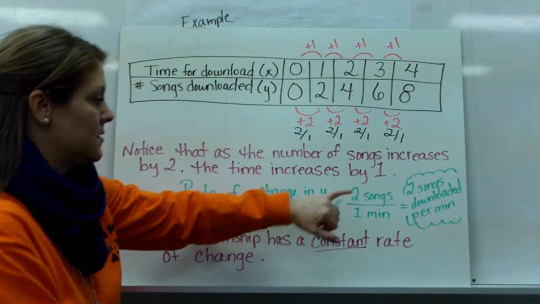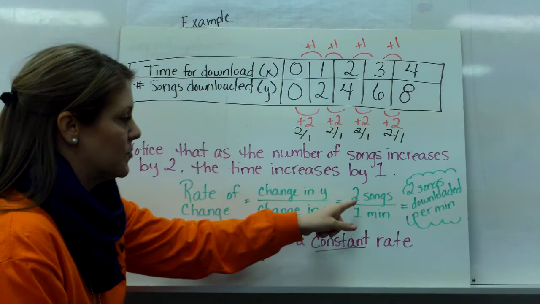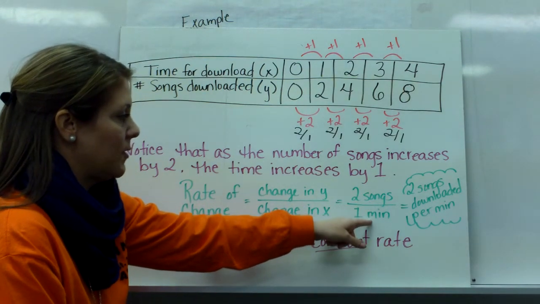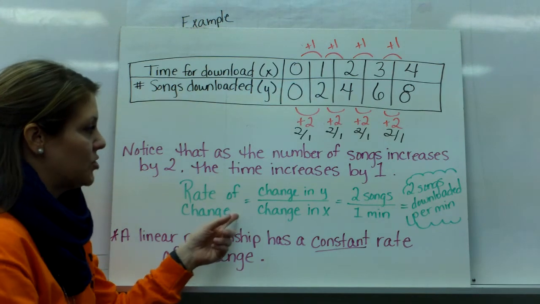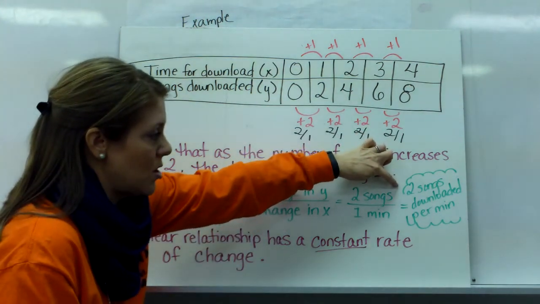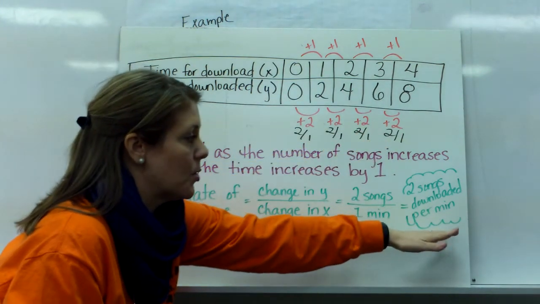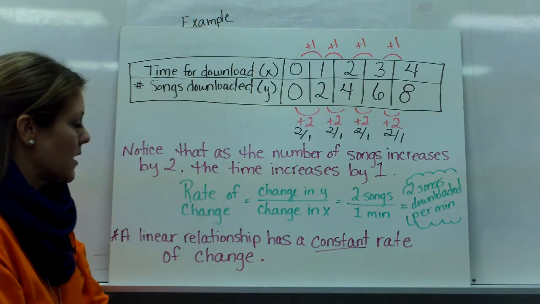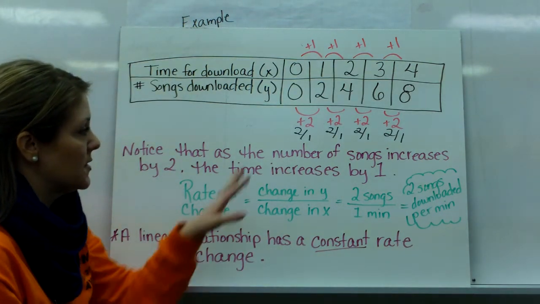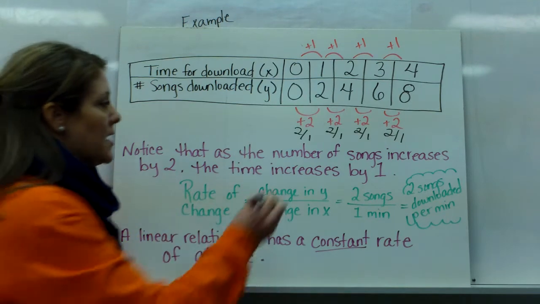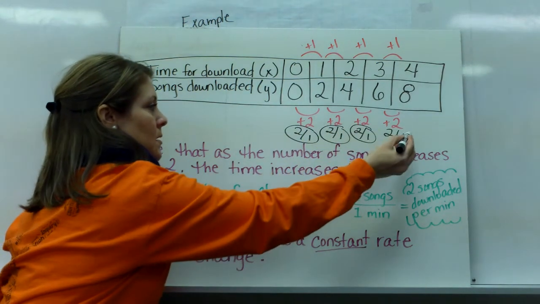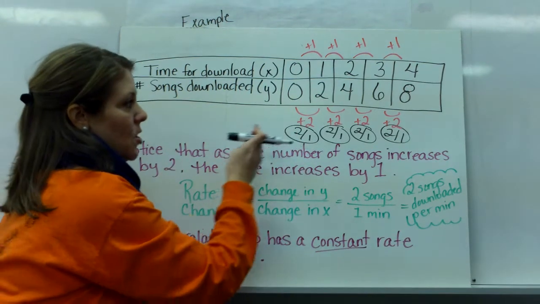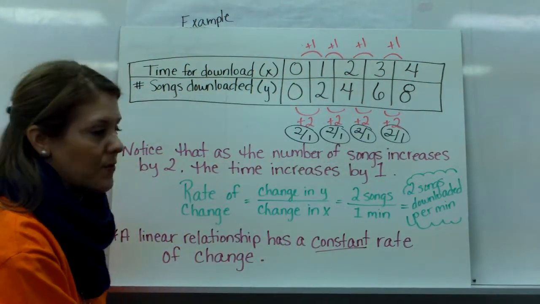So what that means is there's an increase of 2 songs every minute. Another way to say this is that our rate of change is that 2 songs were downloaded per minute. What we also notice in this particular situation is this set of ratios that I just wrote is consistent all the way through the graph.